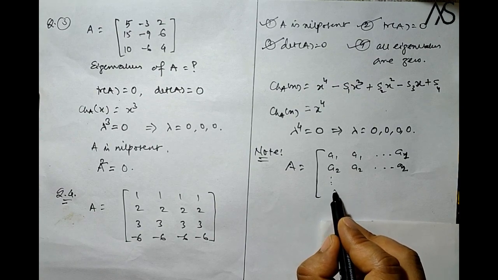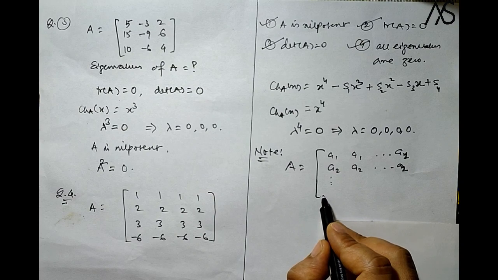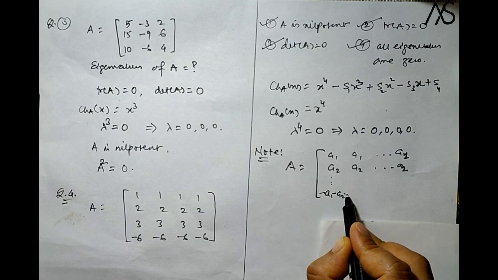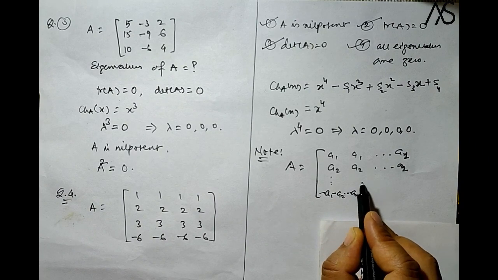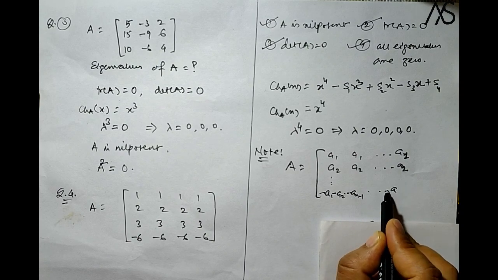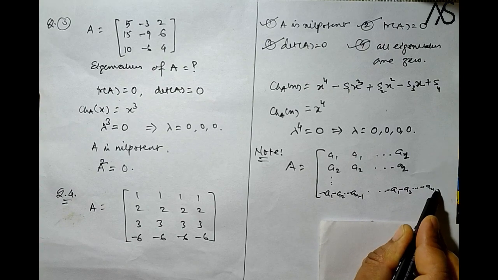This is A_{n-1}, A_{n-1}, and so on, A_{n-1}. And this one is A minus A1 minus A2, and so on, minus A_{n-1}. Similarly, this one is minus A1 minus A2, and so on, minus A_{n-1}.